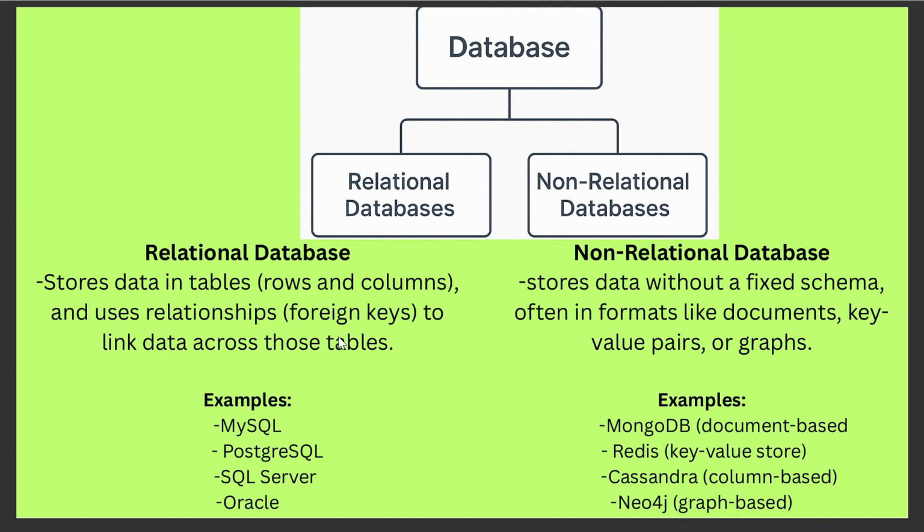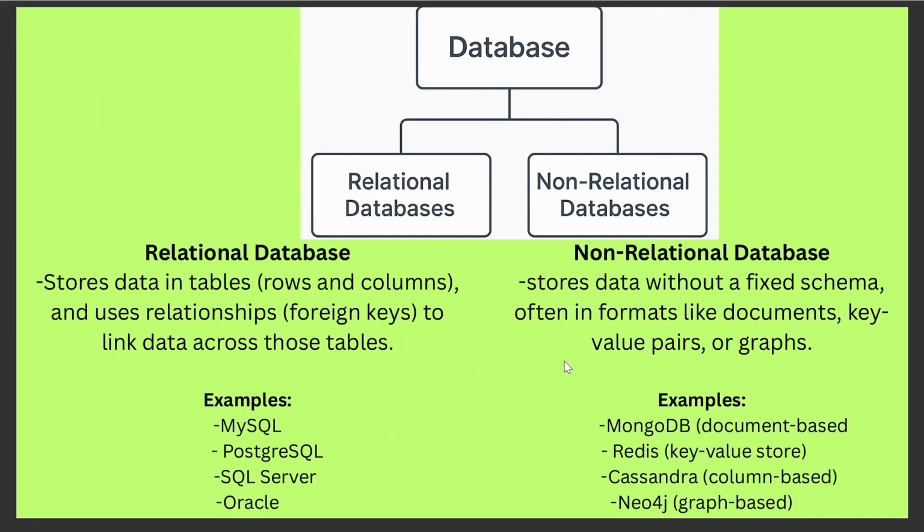As we said, relational databases store data in tables, and we use these tables to build relationships among themselves using foreign keys and primary keys. Examples of relational databases include the databases found in MySQL, PostgreSQL, SQL Server, and Oracle.